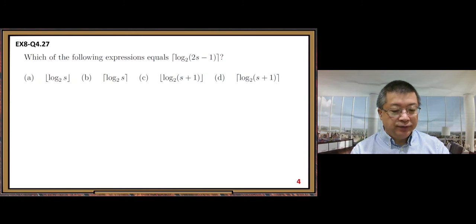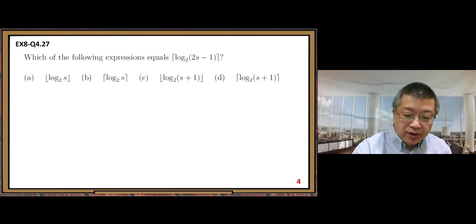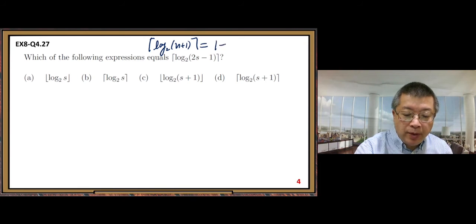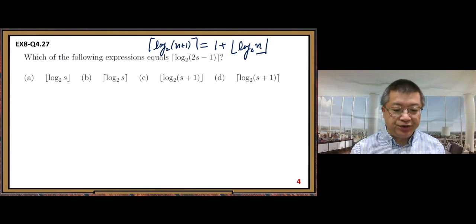So the next one, this question. For this question, we need to use one key formula: the ceiling of n plus 1 equals 1 plus the floor of n. That's the key formula we need to use.